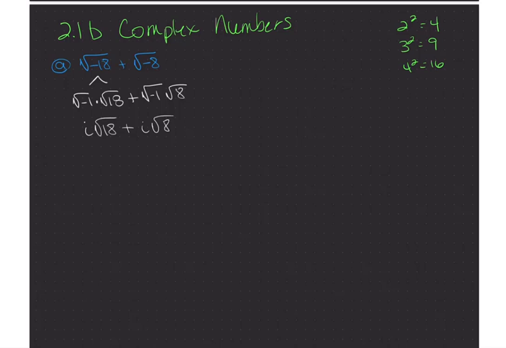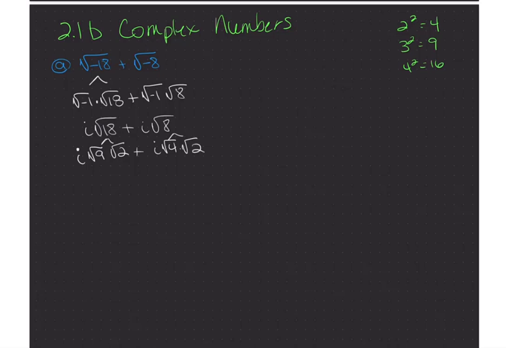So when it comes to breaking down our radicals, we're looking for those perfect squares. So for 18, we still have our i, but then I'm going to break 18 down into the square root of 9 times the square root of 2, because the square root of 9 is a perfect square. And then plus, I still have my i, and my 8, I'm going to break down into the square root of 4 times the square root of 2.